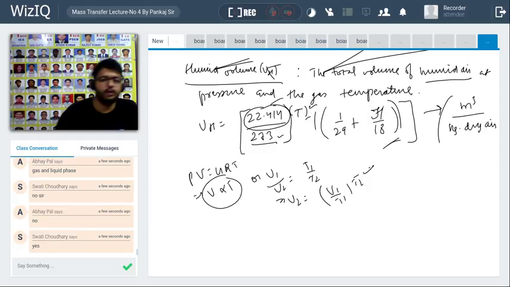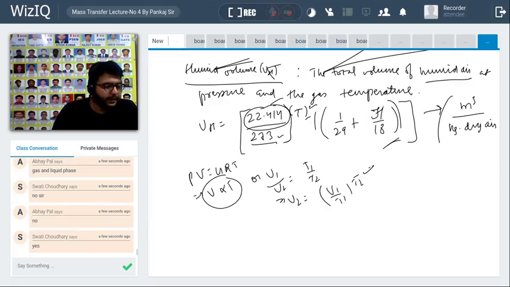Humidity means the amount of water present inside the mixture. So H upon 18, like we have done in the formula for YA, which was YA is equal to H upon MA upon 1 by MB plus H upon MA. It's the same thing.